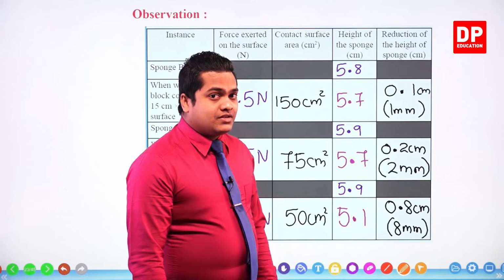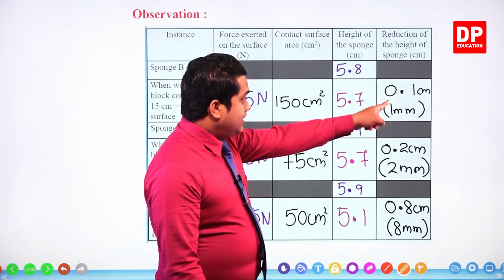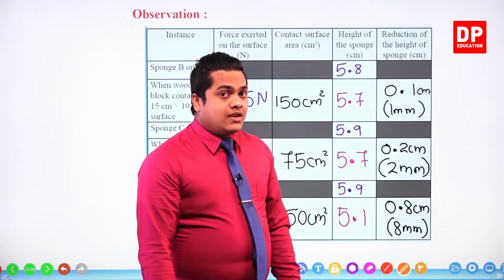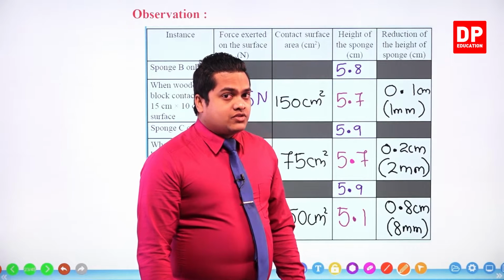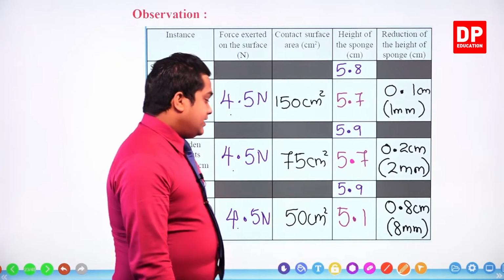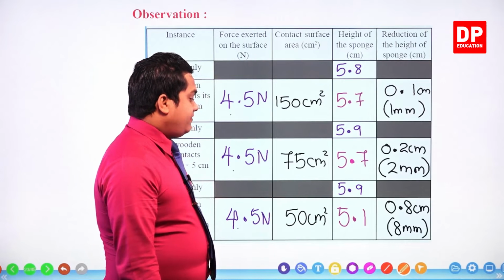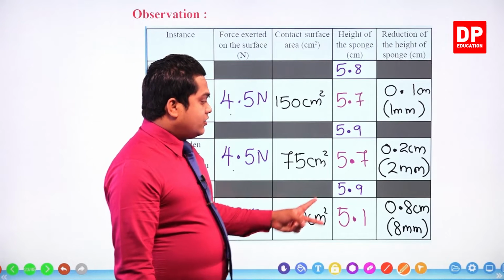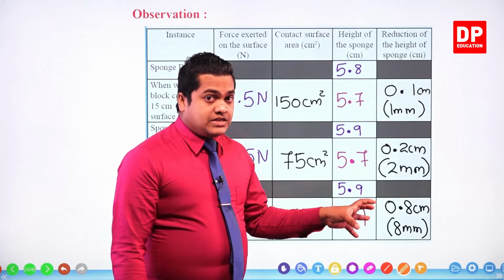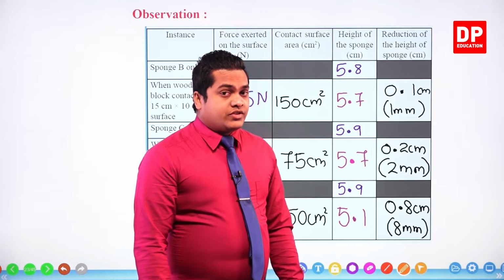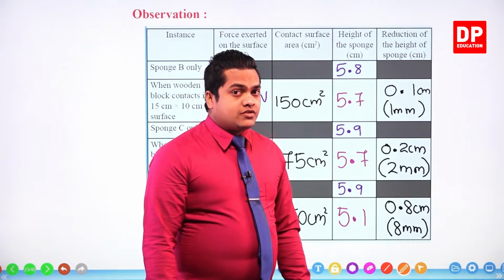Earlier it was 1 millimeter, but the second instance by 2 millimeters it got reduced. In the third instance, when I keep it to come in contact with 50, thickness got reduced by 0.8 centimeters, which is equal to 8 millimeters. So, it's a dramatic change, a huge change.